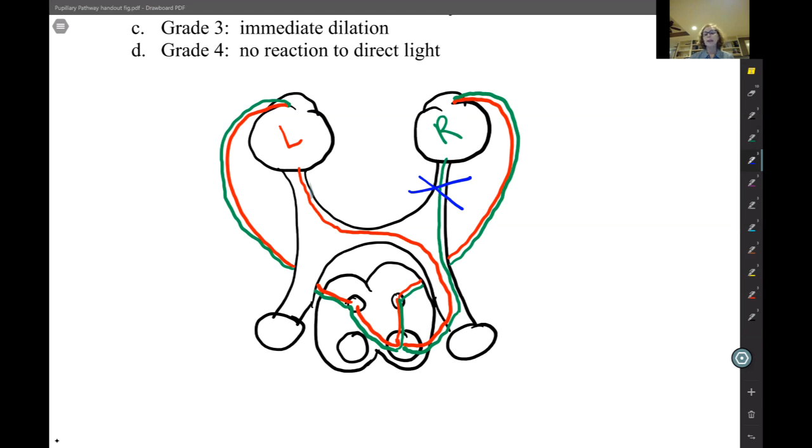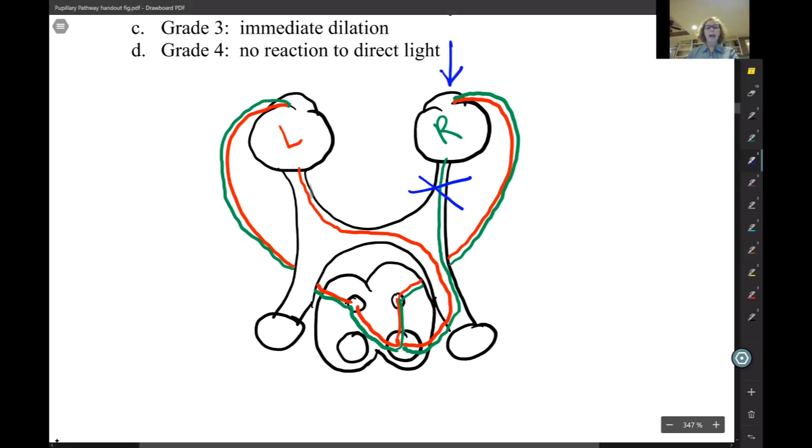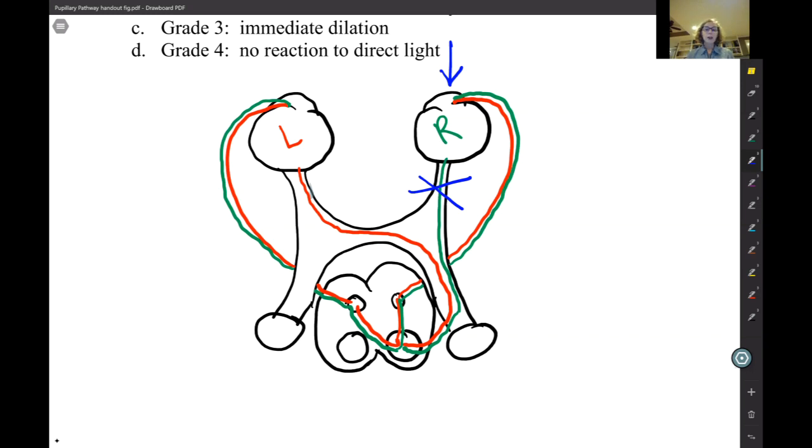Therefore, neither Edinger-Westphal nuclei is going to be stimulated, and neither iris sphincter is going to be stimulated. So if we shine a light in that right eye, then neither pupil is going to constrict.